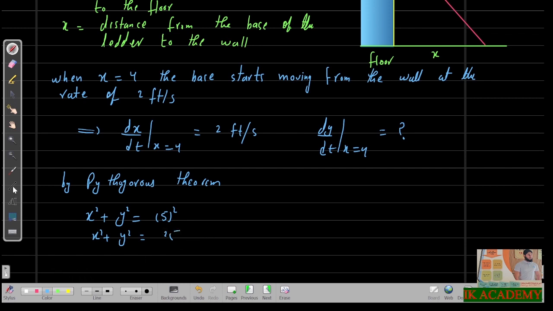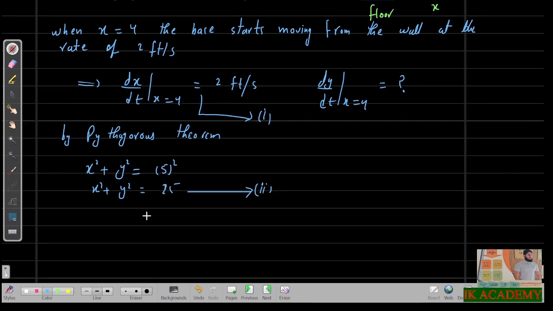Let me call this equation number 1 and equation number 2. We need to find dy by dt, so I am going to differentiate equation number 2 with respect to t.